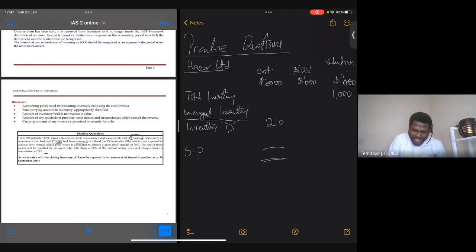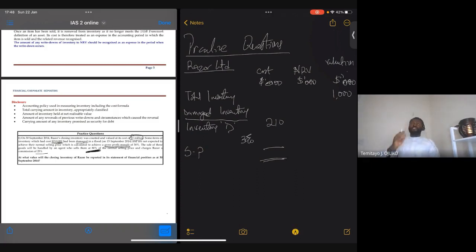Because they said eventually they were sold at 80% of their selling price. So we need to get the selling price. How do we get the selling price? We're told that the gross profit margin that the company expects to achieve to realize the selling price, the original selling price before the damage, is 30%.